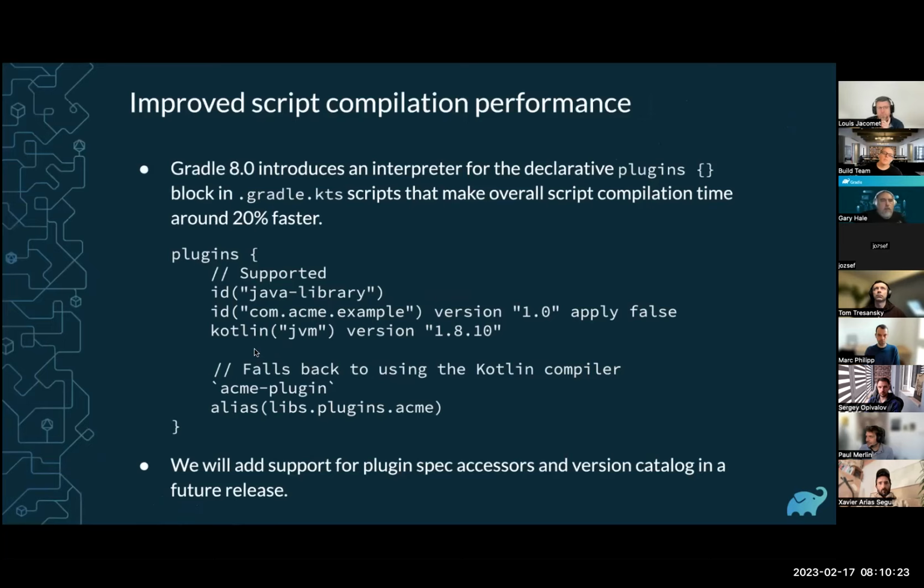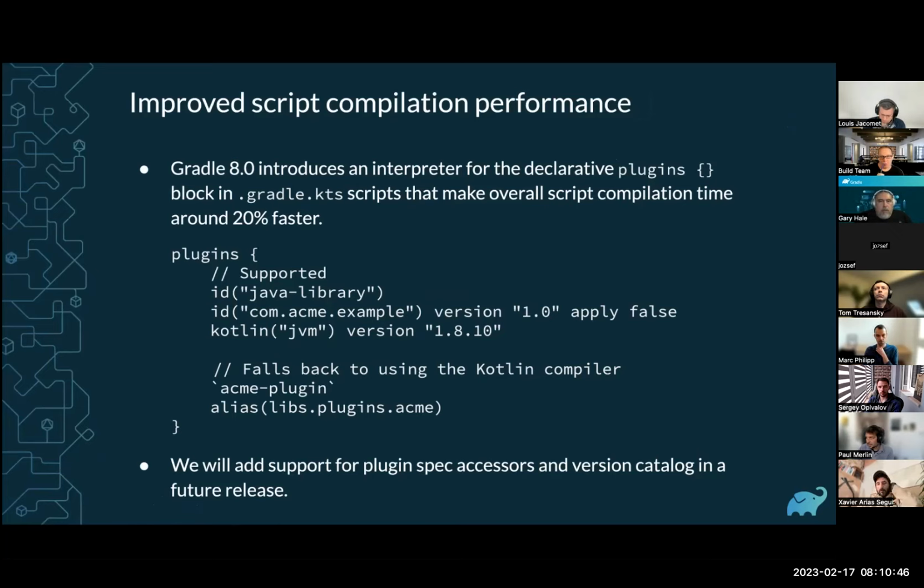Yeah, thank you. It's one step in our journey to make the Kotlin DSL script compilation faster. And it's about the plugins block itself. In this release, we introduced an interpreter that allows us to avoid calling the Kotlin compiler for the plugins block.